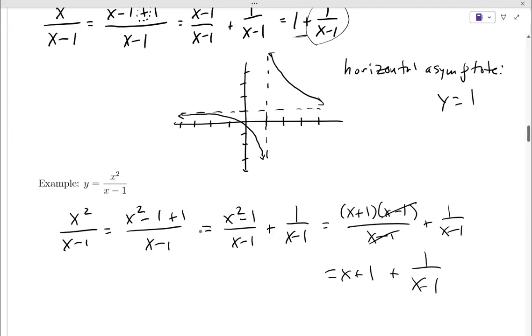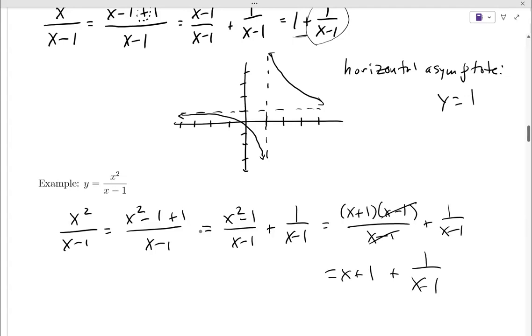Right. So I can rewrite this x squared over x minus 1 as x plus 1 plus 1 over x minus 1. All right. Same idea now. Let's analyze what's going on. We cover this part up. What happens here as x gets really, really big? What did that piece go to? It gets really, really small. It goes to 0, right?